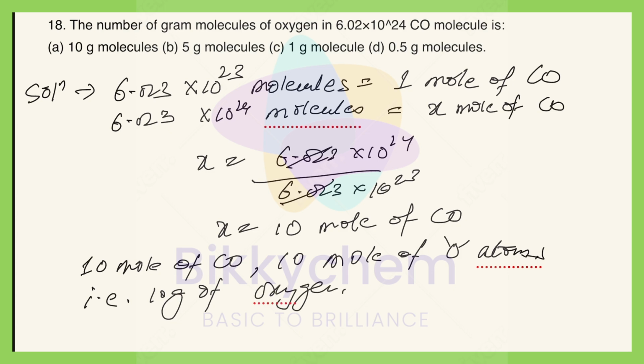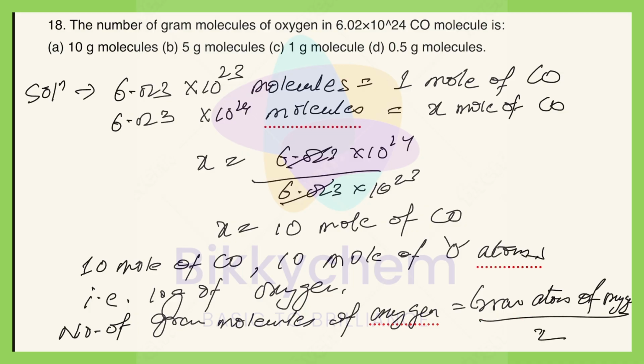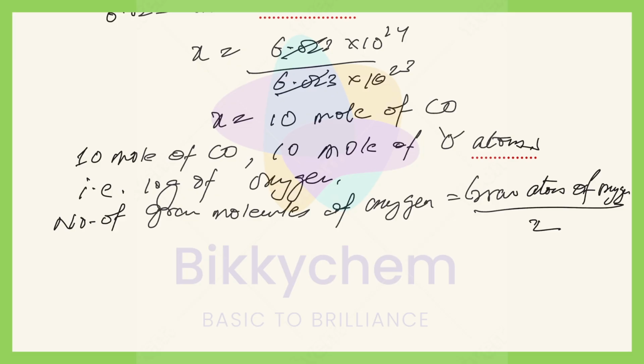So the number of gram molecules of oxygen is equal to gram atoms of oxygen divided by 2. So 10 divided by 2 will be 5.